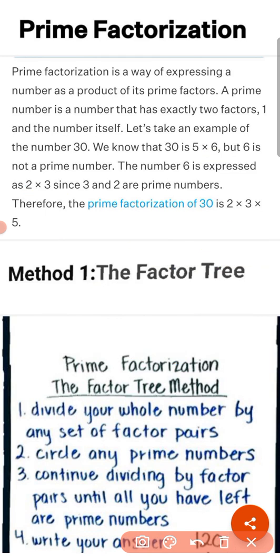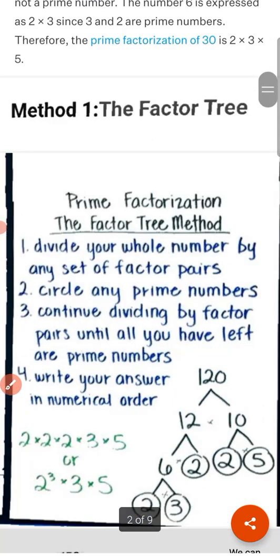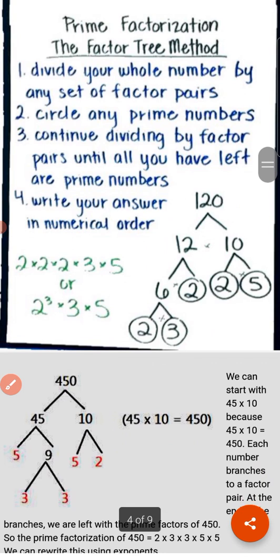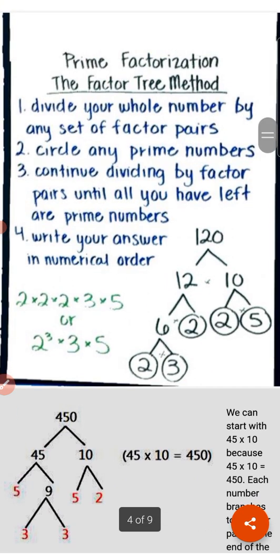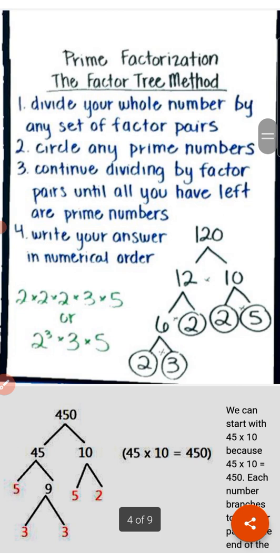There are many ways to find the prime factors of a number. Our first method is the factor tree. Prime factorization using the factor tree method: first, divide your whole number by any set of factor pairs.